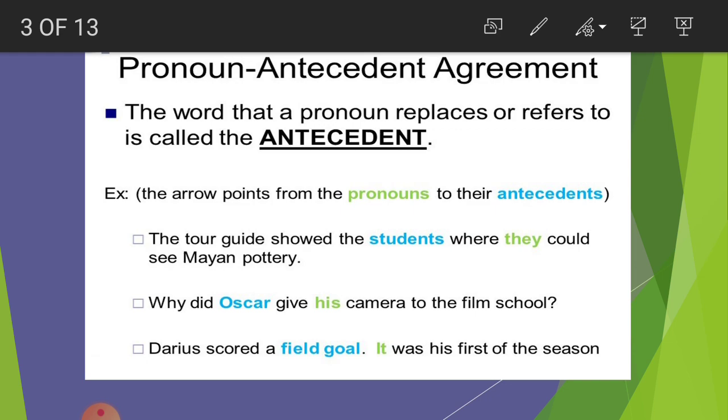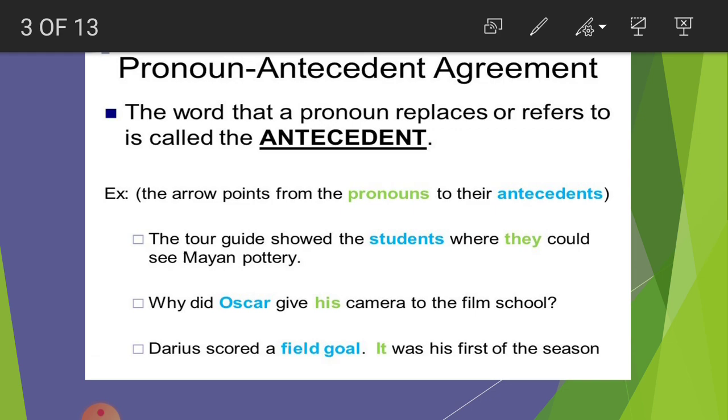Example, you see, here the nouns are shown in blue ink and the pronouns in green so that you can identify them. The tour guide showed the students where they could see Mayan pottery. Now you can see what is the noun? Students.